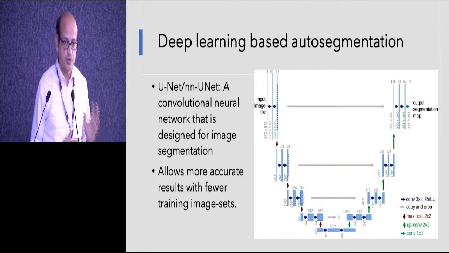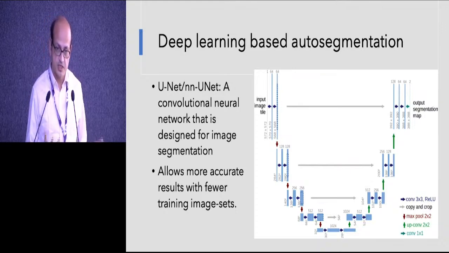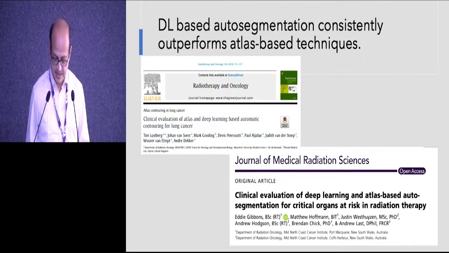In the last few years, what is known as deep learning based auto-segmentation has come into the market. Deep learning based auto-segmentation uses convolutional neural networks, usually neural networks that are called U-nets. The architecture is in the shape of a U and does a pretty good job. So deep learning based auto-segmentation consistently outperforms atlas-based techniques.